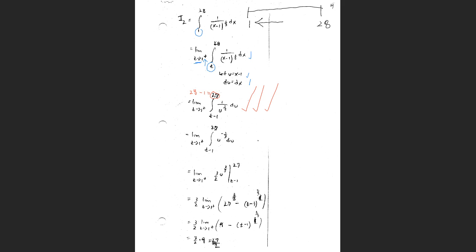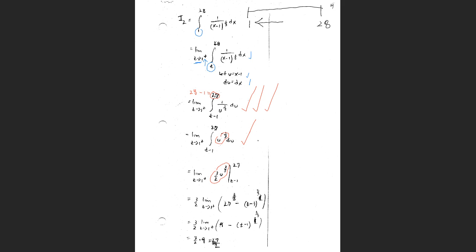All right, so again, the process is the same. You get the same antiderivative for u to the negative 1/3. The antiderivative is 3/2 times u to the 2/3 power. Remember, how do you get 3/2 times u to the 2/3 power?